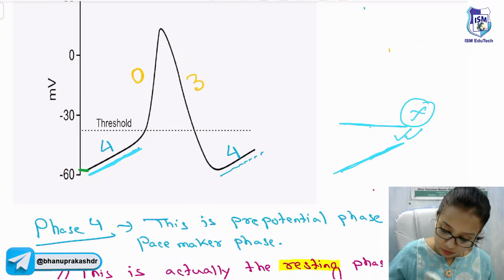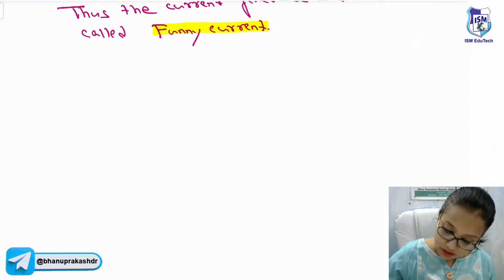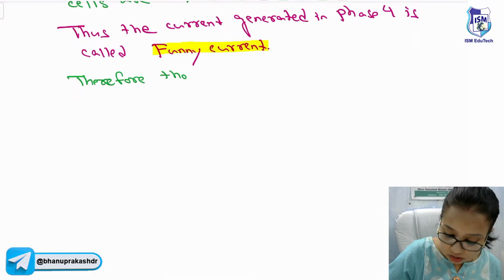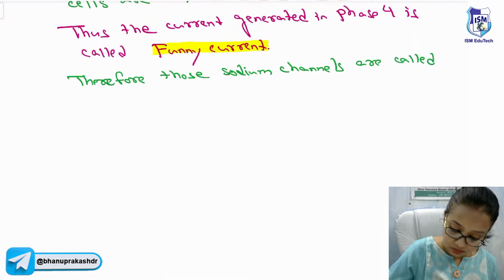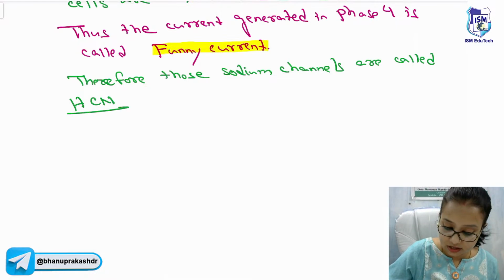Therefore those sodium channels are called hyperpolarization induced sodium current channels.